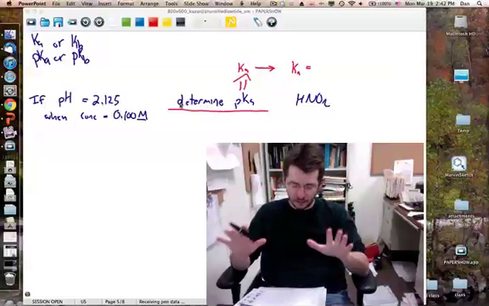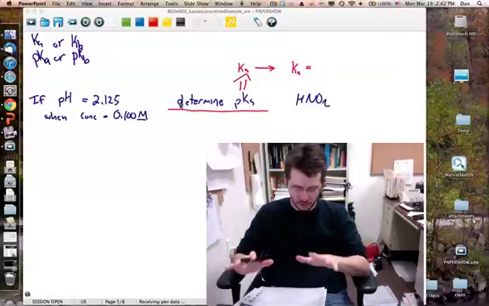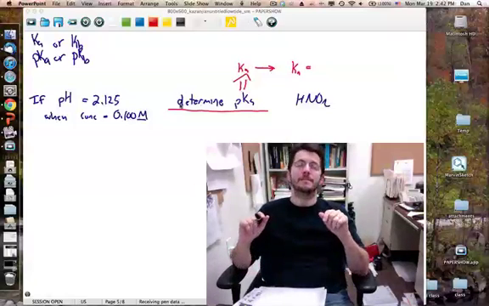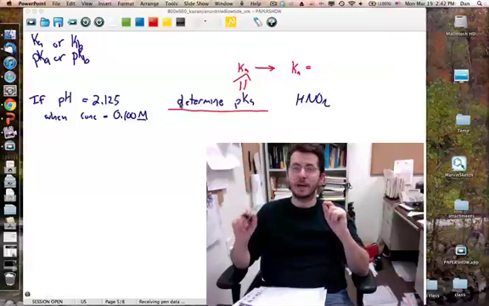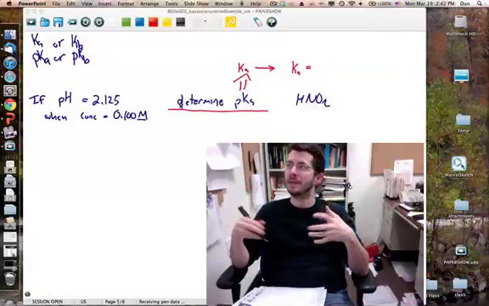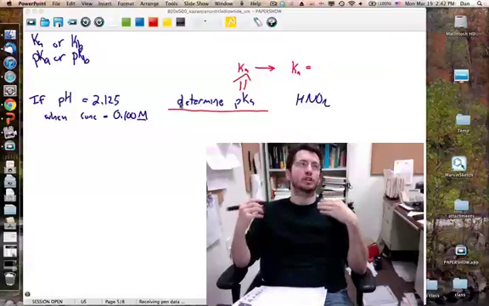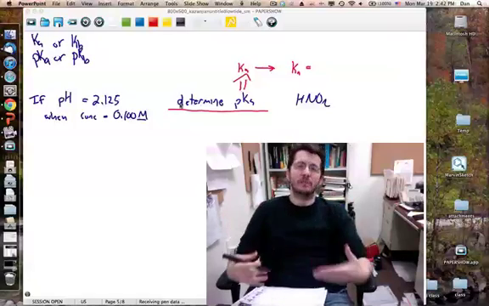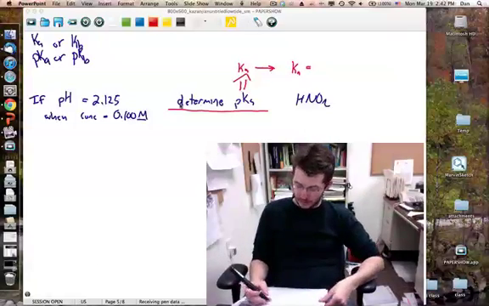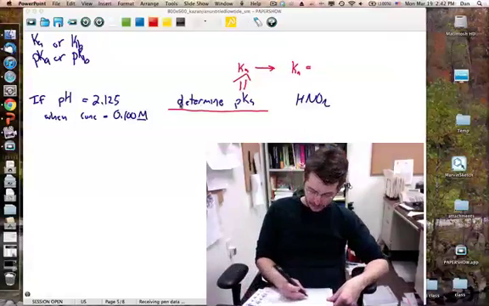Acid and base problems are equilibrium problems. If I'm asking you for a Ka, what I'm really using is the same basic idea of calculation: determine the equilibrium constant. The way we do that, we have products over the reactants.